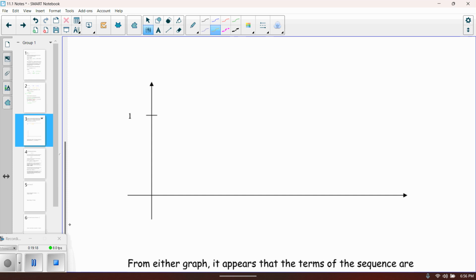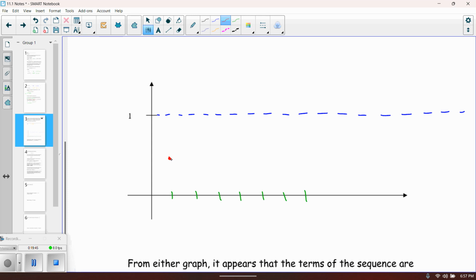We could also do the graph like this. So here's 1 at the top. I'm going to go ahead and throw an asymptote on there because you're going to see what happens here. So as we do our terms, this will be the first term, second term, third term, fourth, fifth, sixth, seventh, and so on. I'm not going to plot all those, but the first one we said was a half, which would be right about there.